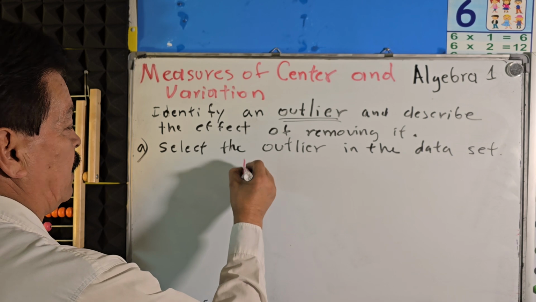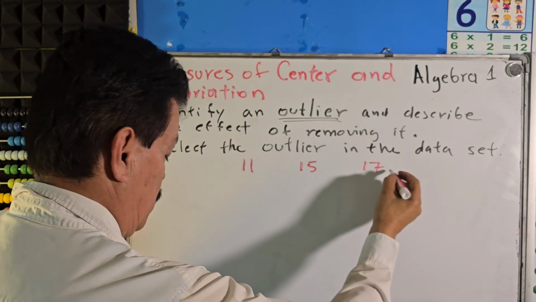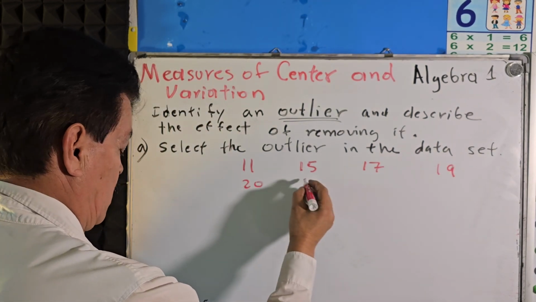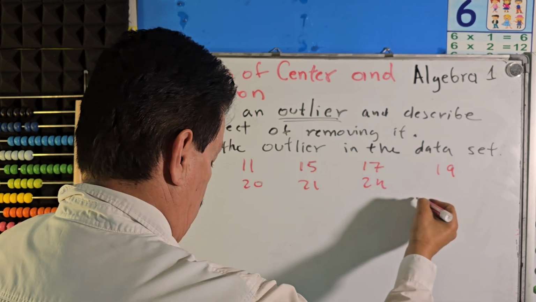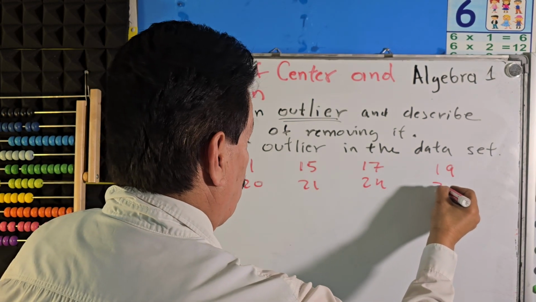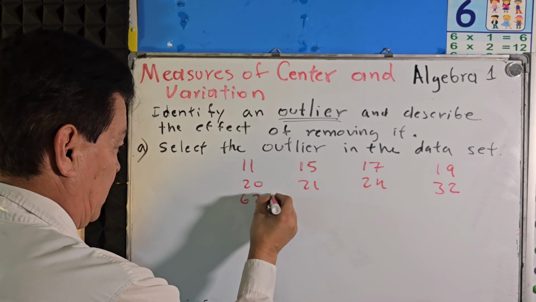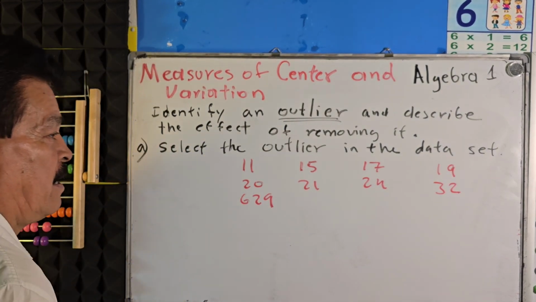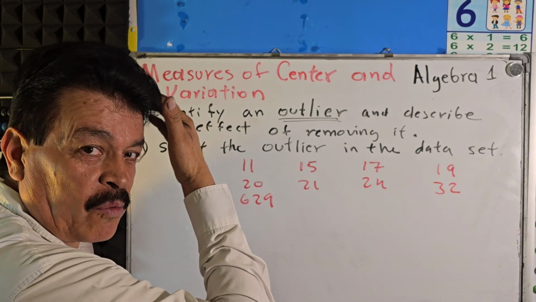I will write 11, 15, 17, 19, and then 24, 21, 24, 32, and 6, 29. That is our data set. Do you see the numbers? Check the numbers and the order of the numbers. You see it?